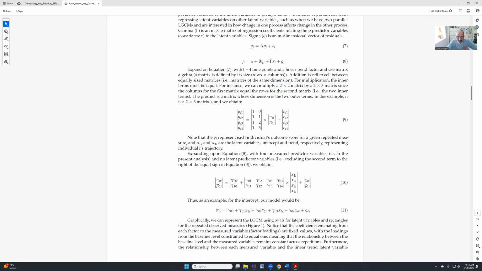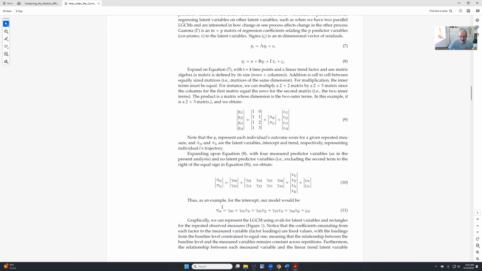We get the intercept, and then we get the slope factor, and we have some kind of an intercept itself for these gammas, right? So we get these gammas, and then we get also these slope factors for the predictor variables, right? So we get this here. In this case we're looking at the intercept only.